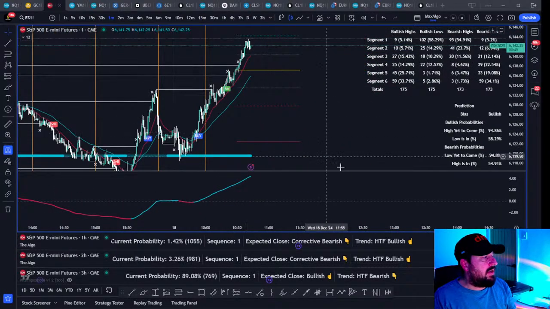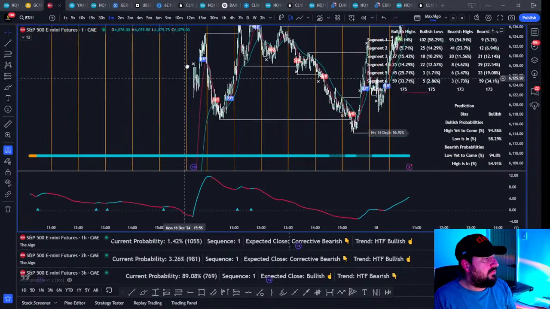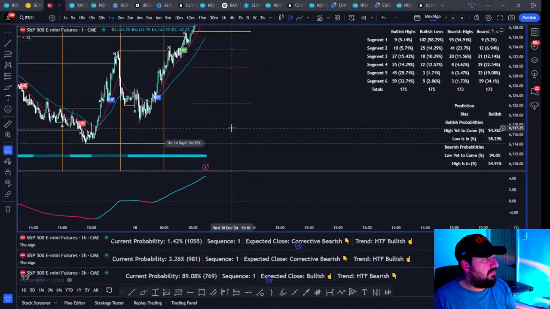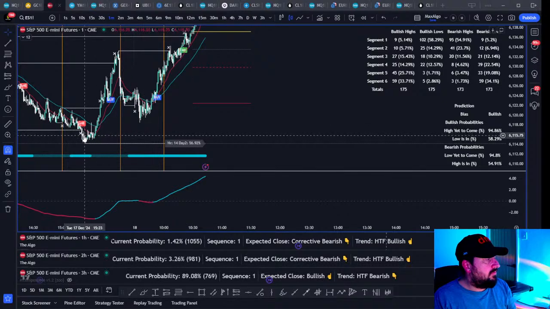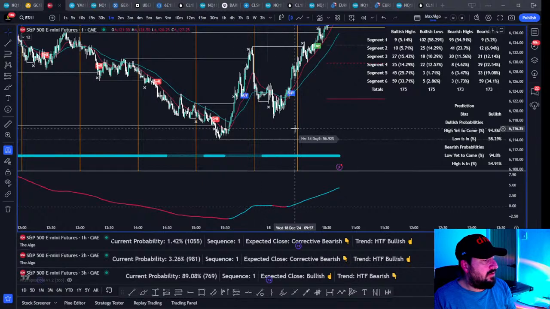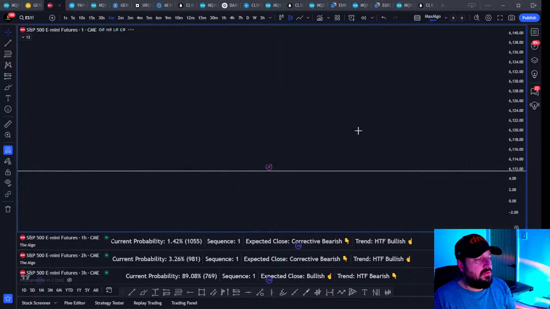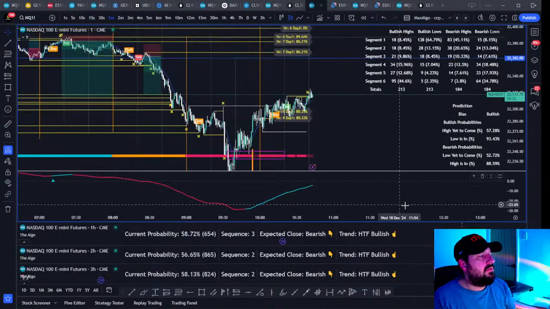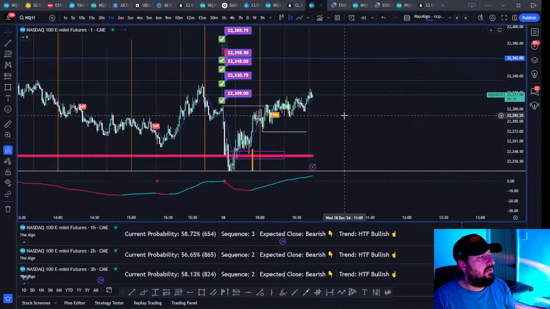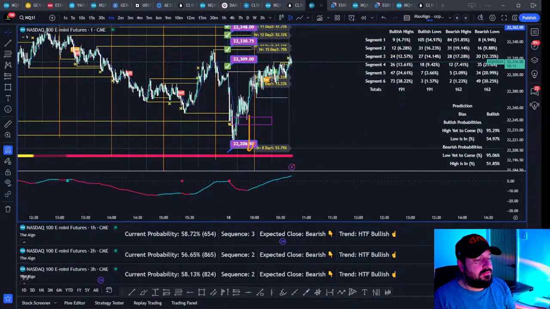No gap on ES. I got this wrong on there. Oh, hang on.